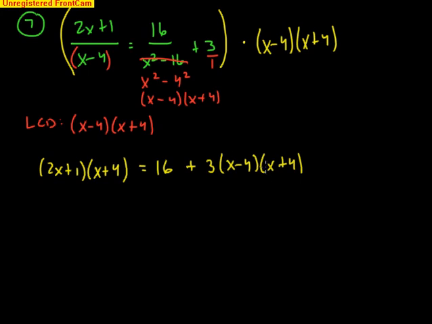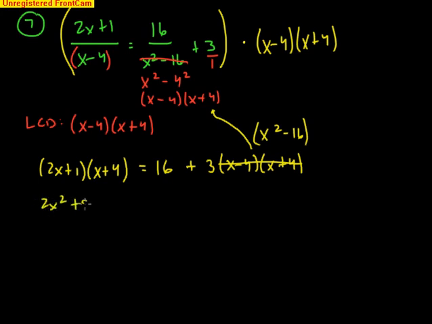Now what I would suggest is doing this right here. What is (x - 4)(x + 4)? Well, if you look at the problem, that's right there. (x - 4)(x + 4) is x² - 16. Change that. So now we need to distribute that 3 to the x² - 16. Again, it's just to try to save you some time.